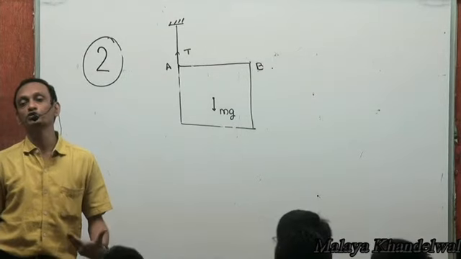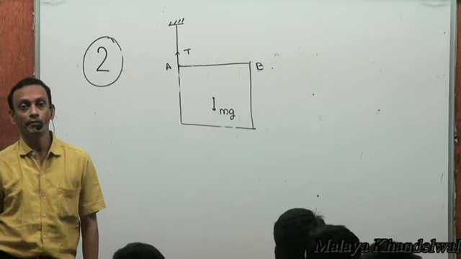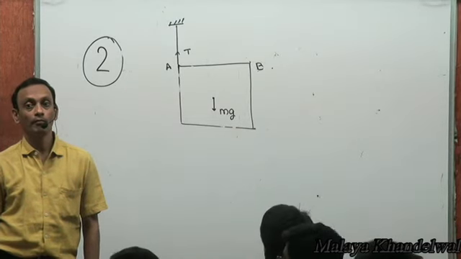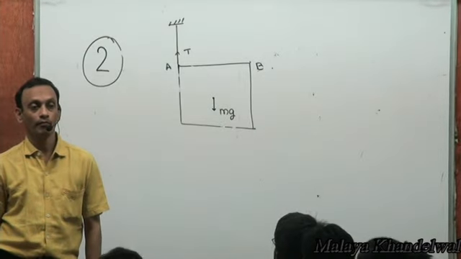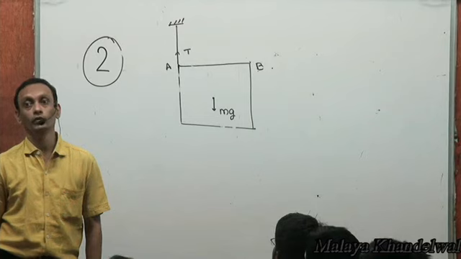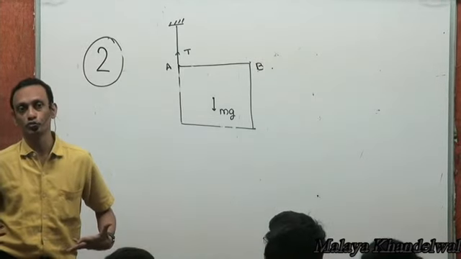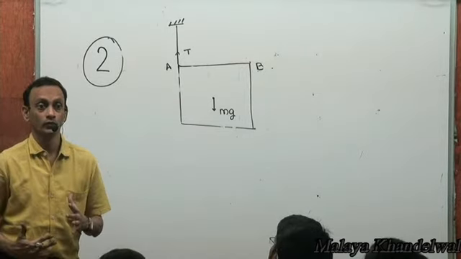Now, what kind of motion will it exhibit? It cannot be pure rotation. It will get into general rigid body motion. It will develop ACM and it will also develop alpha.